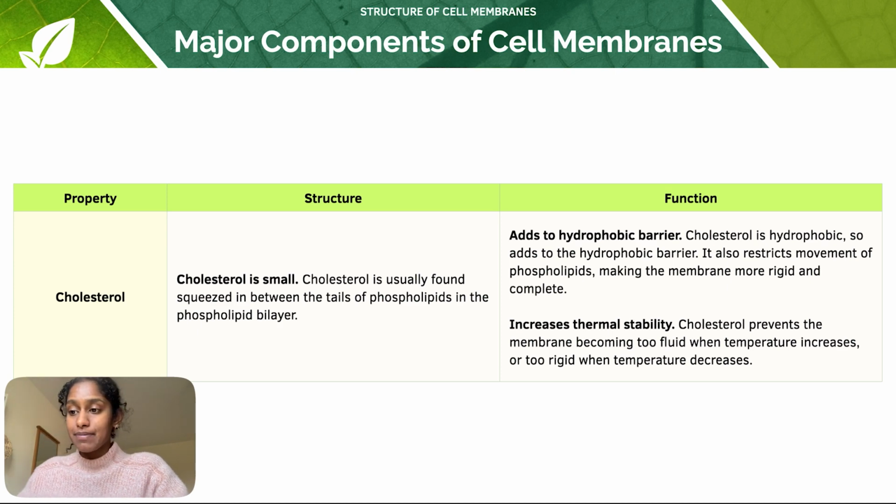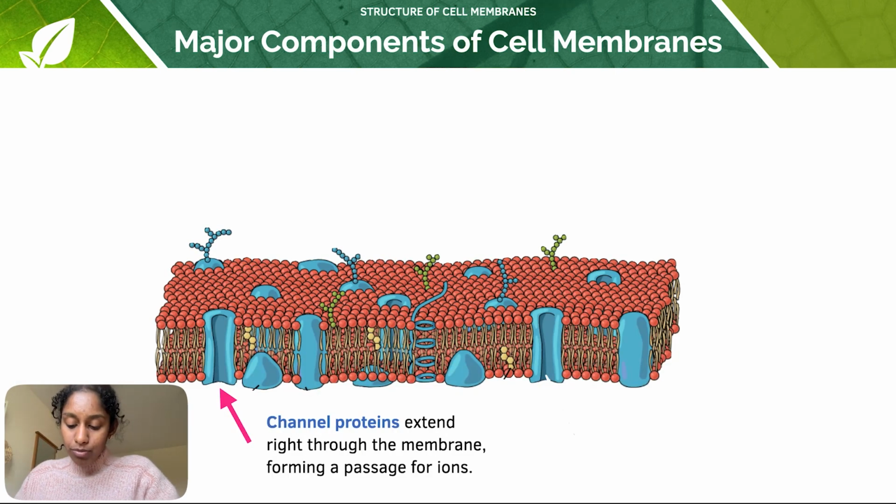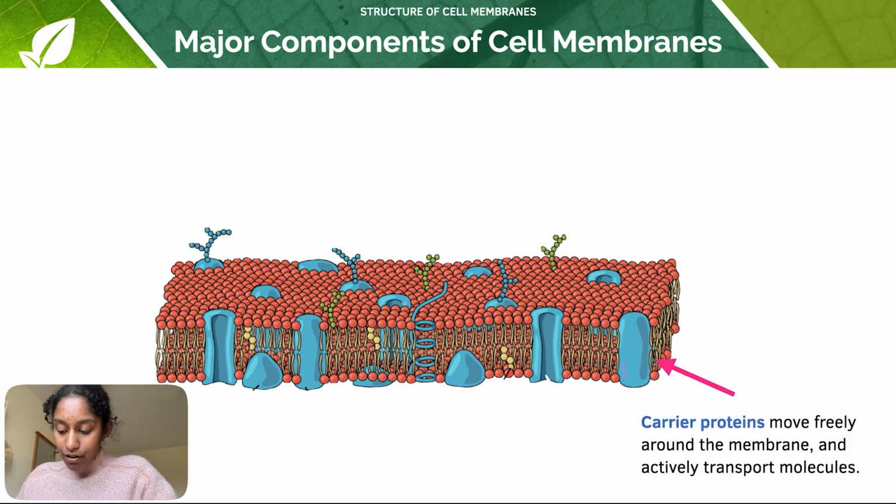Cholesterol prevents the membrane becoming too fluid when temperature increases, or too rigid when temperature decreases. Now, channel proteins extend right through the membrane, forming a passage for ions, which we will meet at a different point in the course. Carrier proteins move freely around the membrane and actively transport molecules.